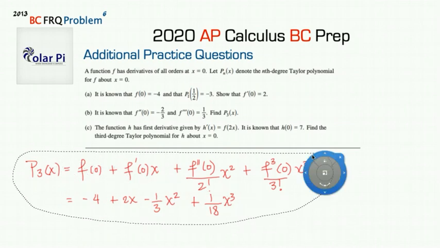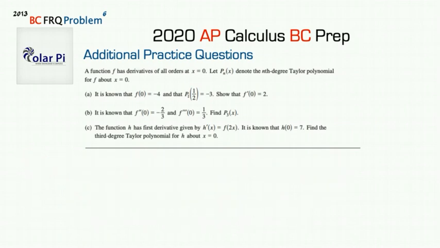Okay, so then part C. Part C says the function h has first derivative given by h prime of x is equal to f of 2x. H of 0 is 7, and we have to find the third degree Taylor for h.